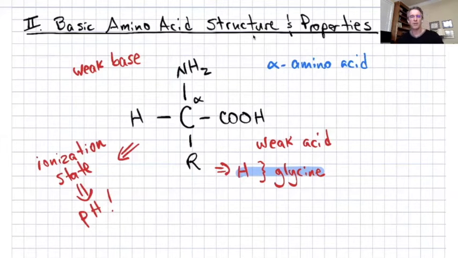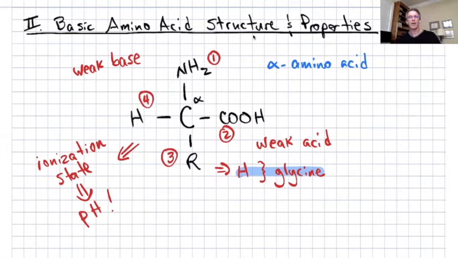For all the rest of the amino acids we're going to worry about, there are 4 different groups around that alpha carbon. They're all going to be different, again, with the exception of glycine.